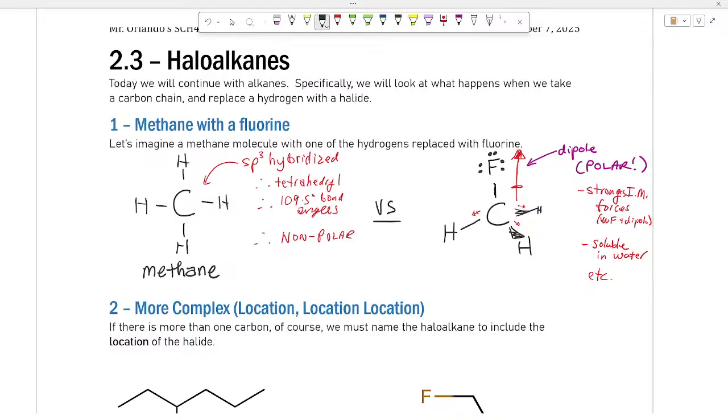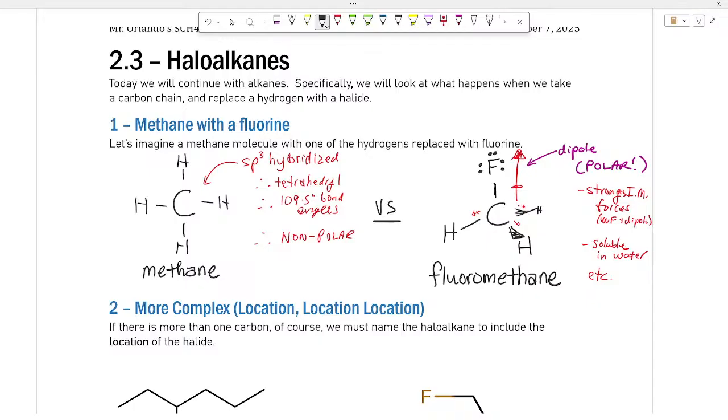Okay, what do we call this? Well, it's methane with a fluorine in it. So we call it fluoromethane. That's a logical name, yes? We can all agree? Good.